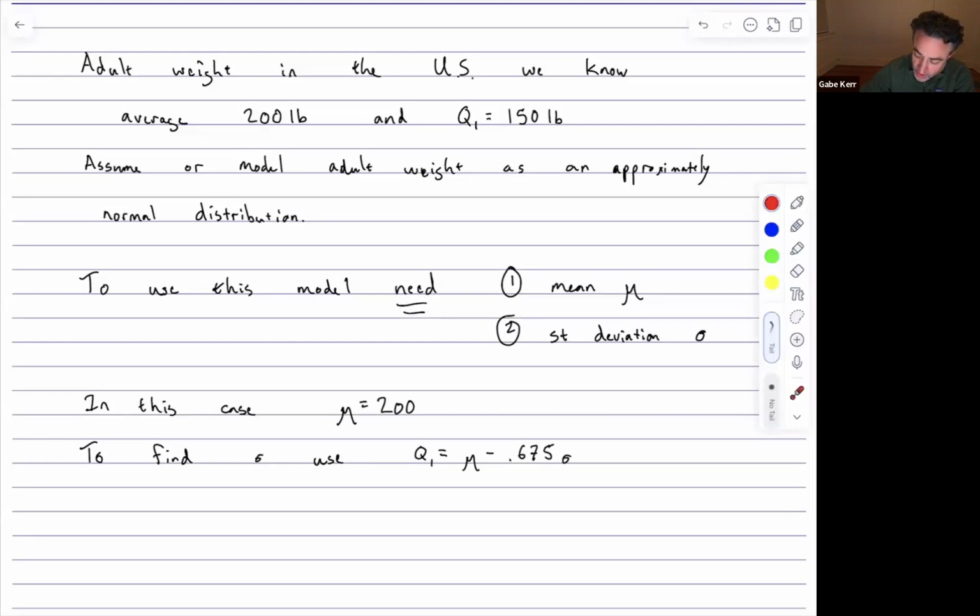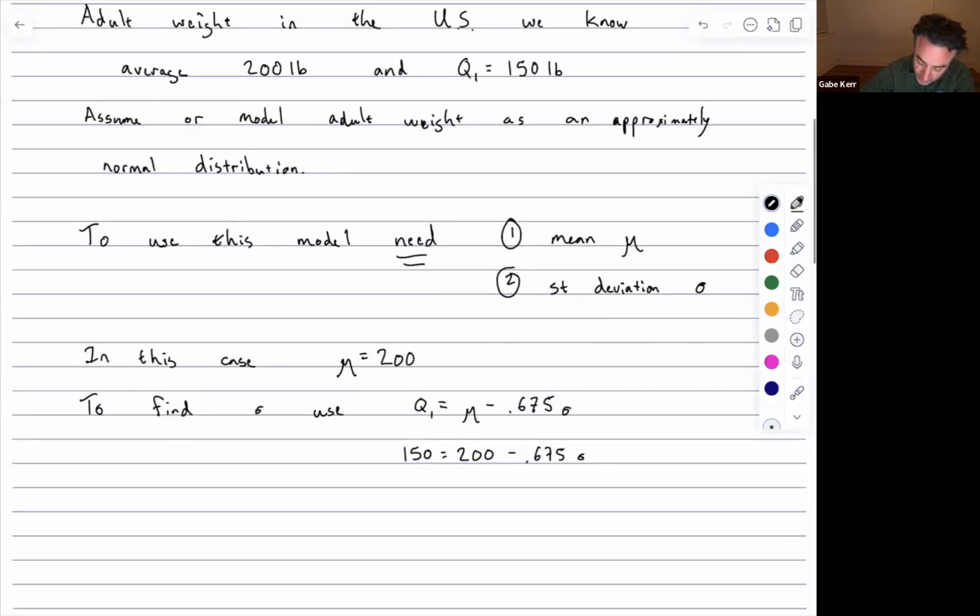Now, how are we going to use it? You have to look and see what is given. We're given Q1. We know mu. We need to find sigma. So let's put in the values: 150 is equal to 200 minus 0.675 sigma.